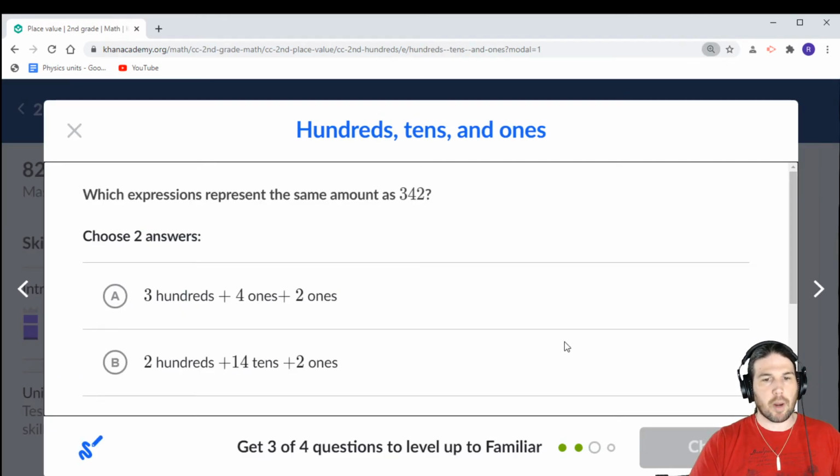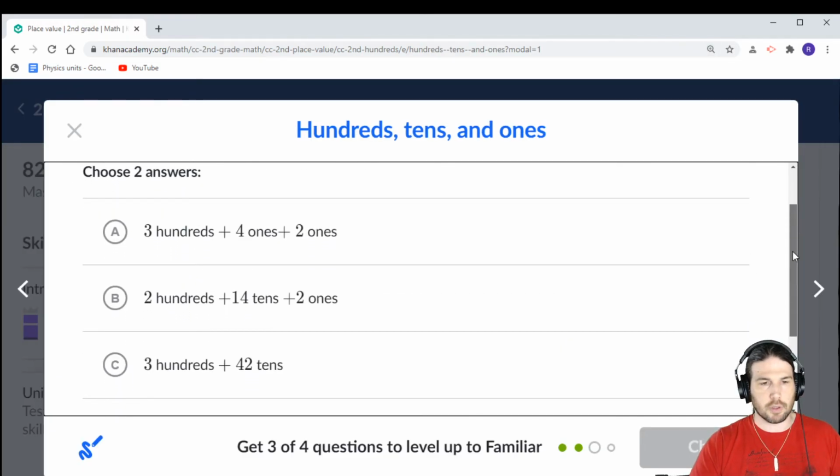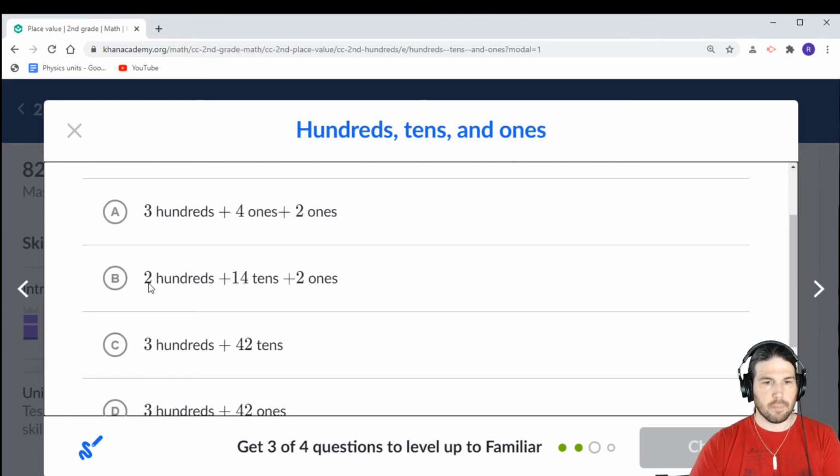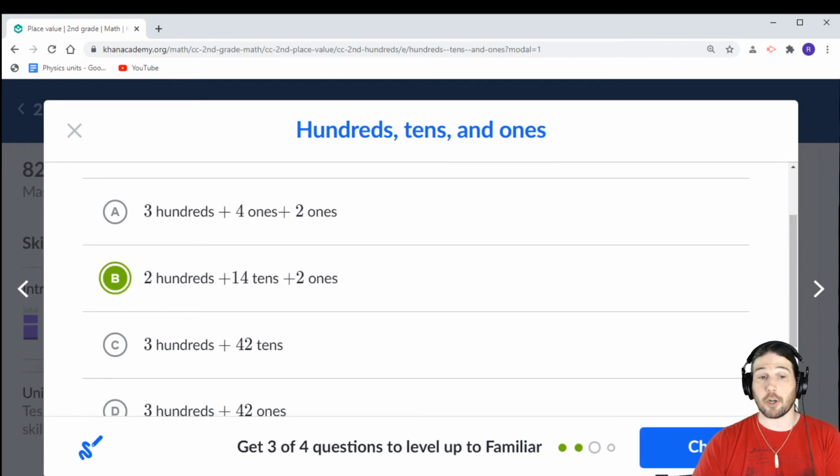Which expressions represent 342? Well, not A, because this would be 306. What was the number again? 342. I think B is correct. Yeah? If I have 14 tens, well, I can pull 10 of those to make 100, so that's 3 hundreds, 4 tens, and a 2. 342.